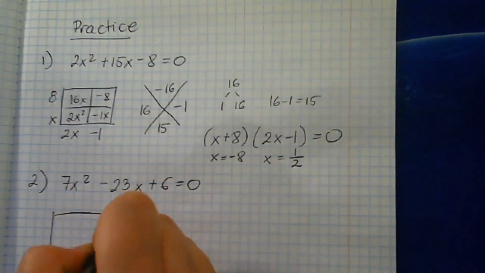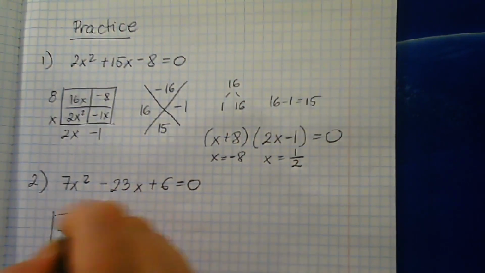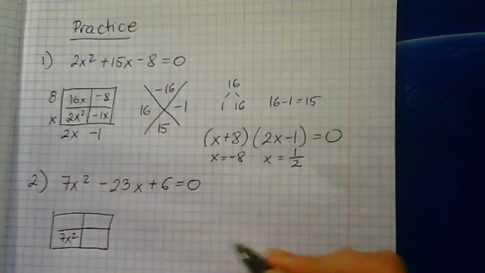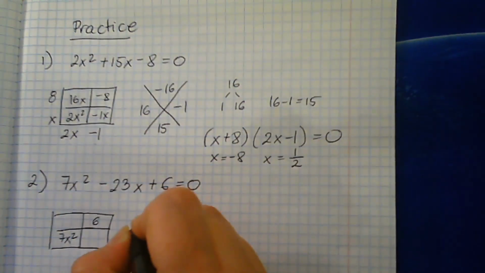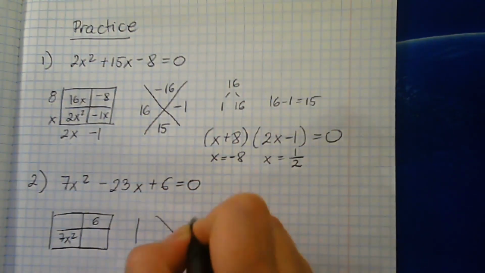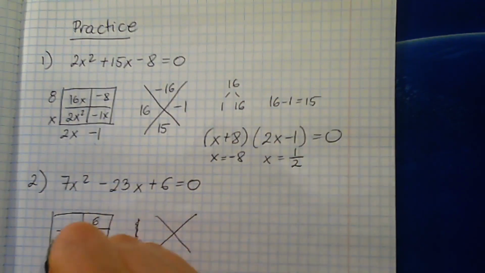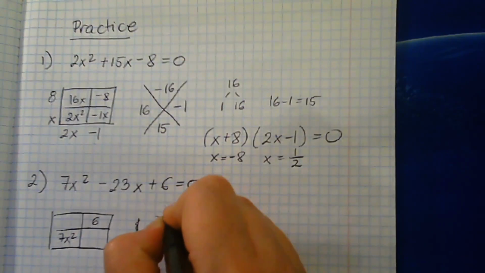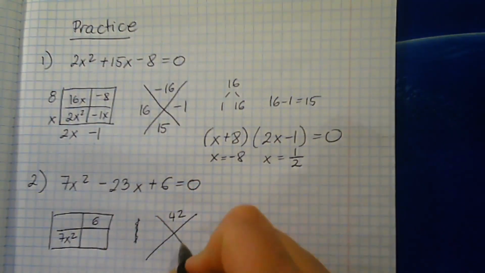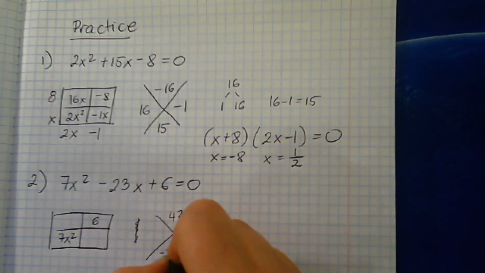Okay, the second one, 7x squared on the bottom, positive 6 on the top, and then, oops, that does not look like a diamond. The diamond will be 7 times 6, so 7 times 6 is 42, and this one is negative 23.